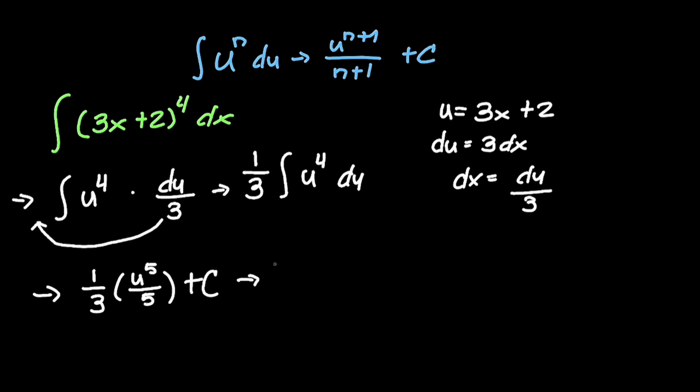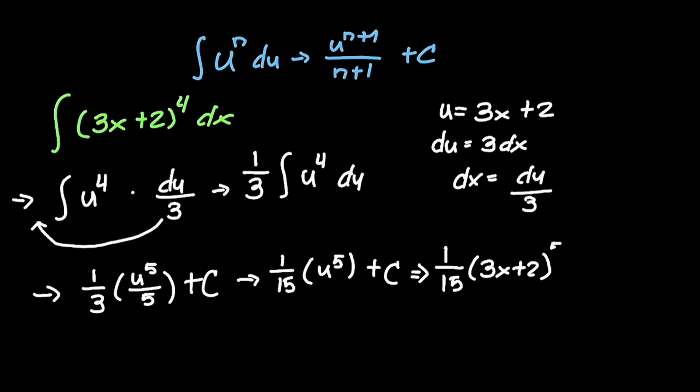Simplifying this further, you will get 1 over 15 multiplied by u raised to the power of 5 plus c. Substitute u back into its original form, so the final answer would be 1 over 15 multiplied by (3x plus 2) raised to the power of 5 plus c.